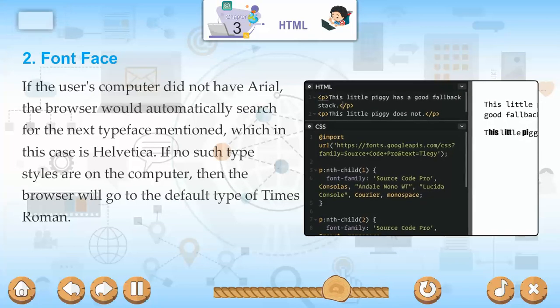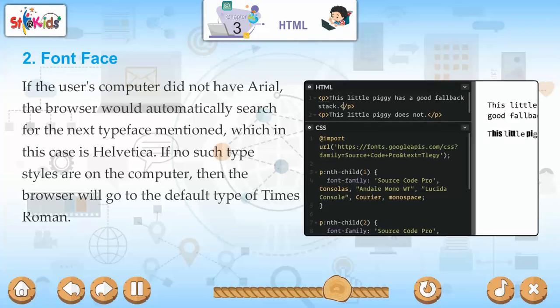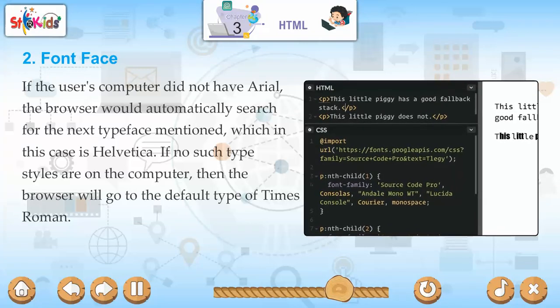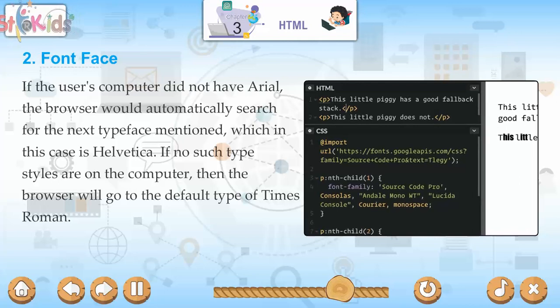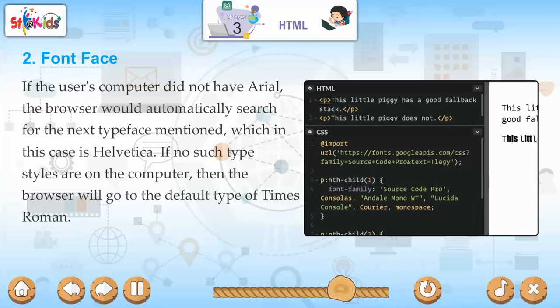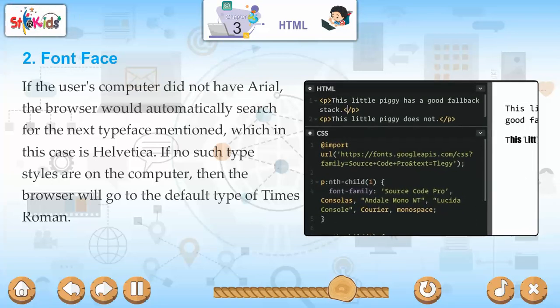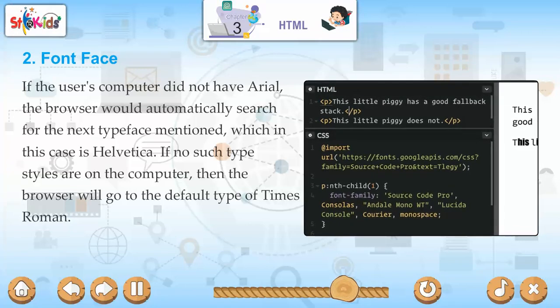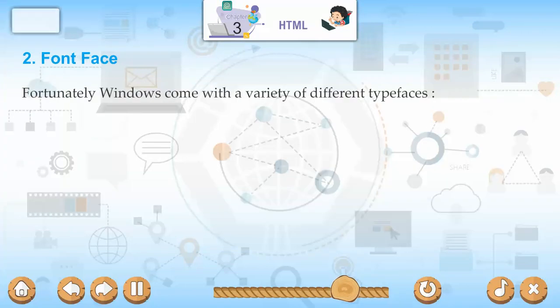If the user's computer did not have Arial, the browser would automatically search for the next typeface mentioned, which in this case is Helvetica. If no such type styles are on the computer, then the browser will go to the default type of Times Roman.